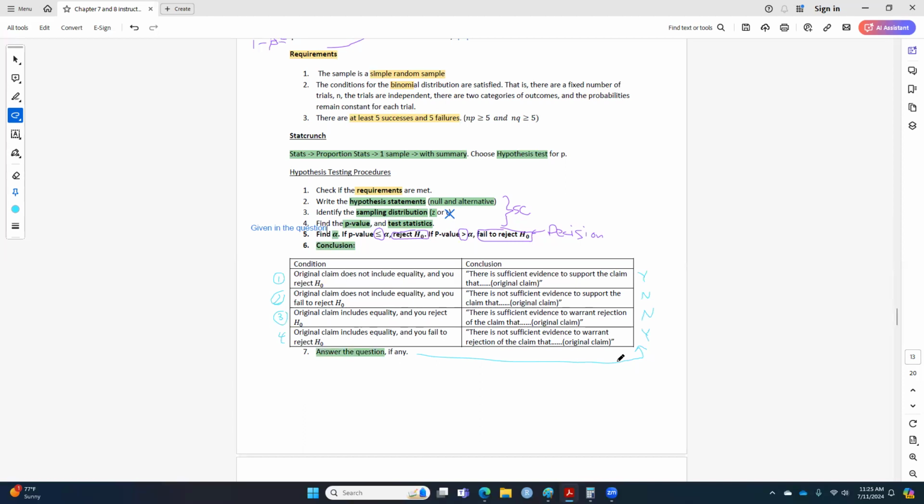No means the other one. Or sometimes I can ask you for other factors, so make sure you read the question carefully and figure out what kind of questions they will ask. These are the same 7 steps over and over again that you will do in chapters 8, 9, and 10. So you will get a little bit bored after we finish next week's class.